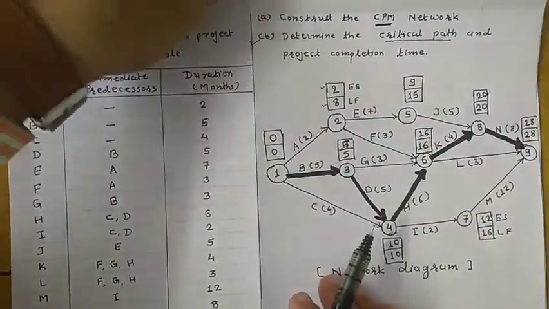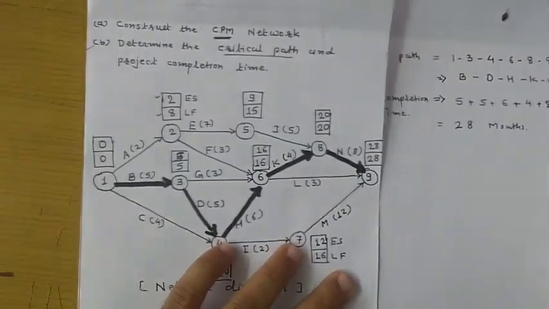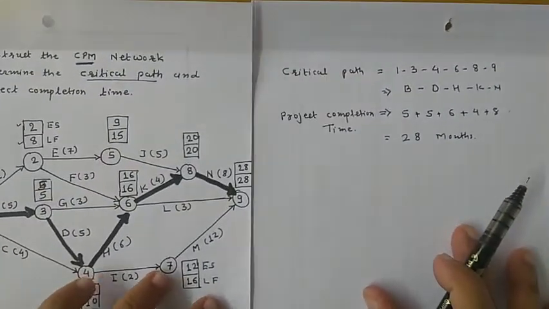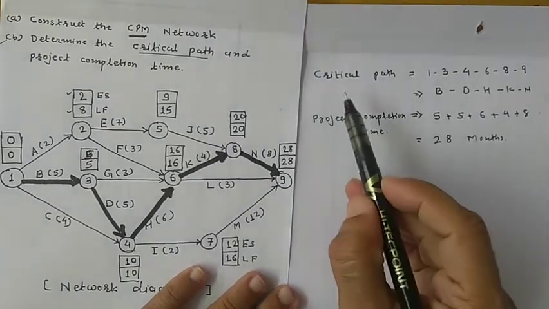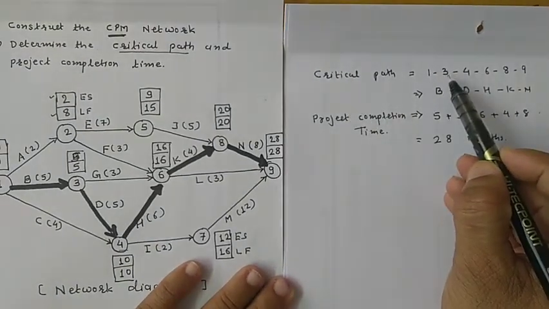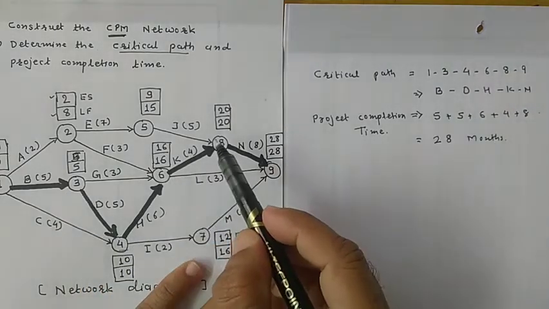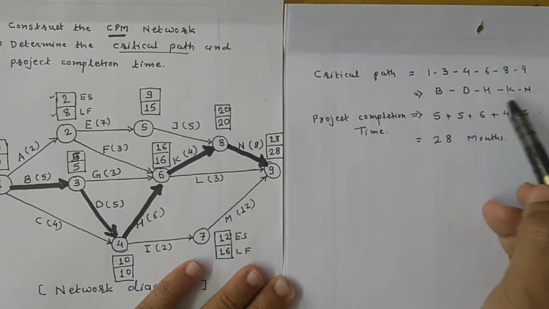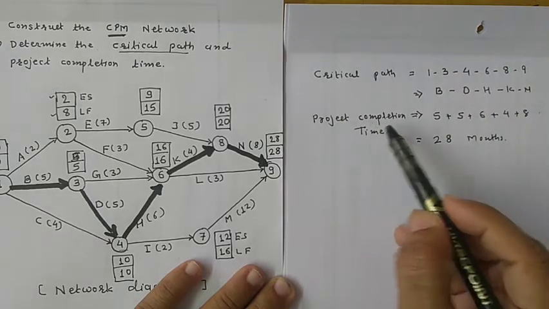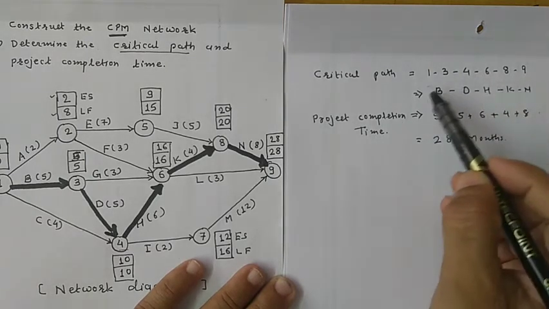The critical path is 1 to 3, 3 to 4, 4 to 6, 6 to 8 and 8 to 9, activities B, D, H, K and N. And the project completion time is the total time consumed by these activities.